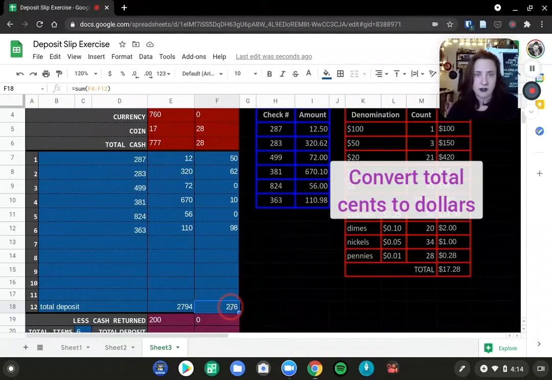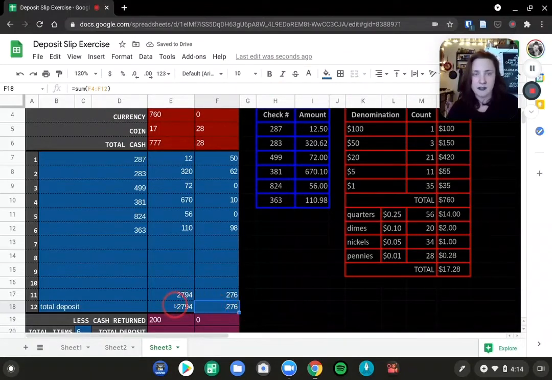We don't want to leave that dollar in that section. We want to take those $2 there and add it into the dollar section right here. So this would be 2796. That's just this number plus 2. And then we just subtract 200 cents from that value, and that will be 76.